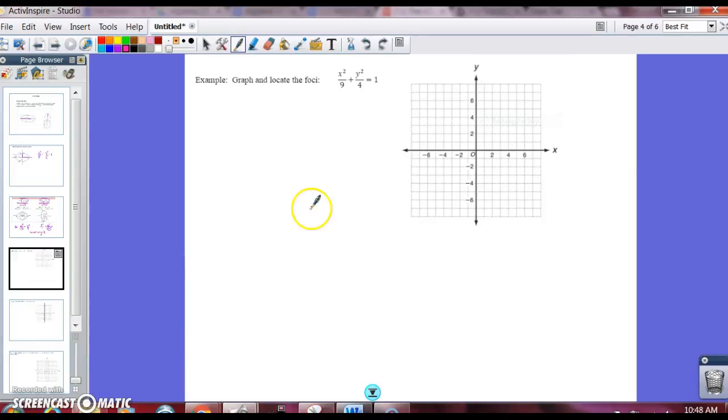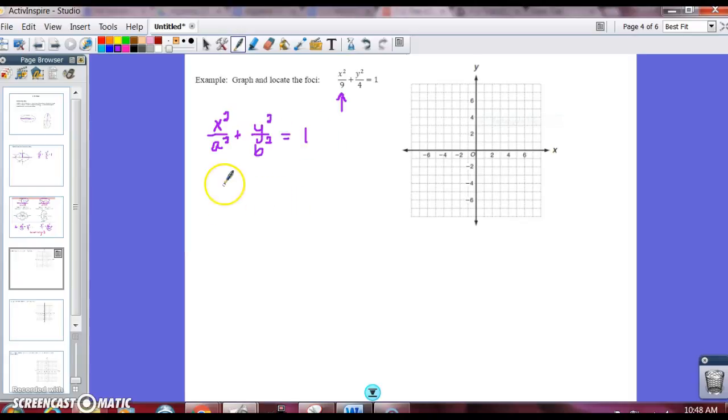So let's look at an example. How do we go about graphing an ellipse and locating the foci? So by looking at this equation, the larger number is under the x squared, so I know that it's going to be a horizontal ellipse. And I know that the general form is x squared over a squared plus y squared over b squared equals 1, the standard form.